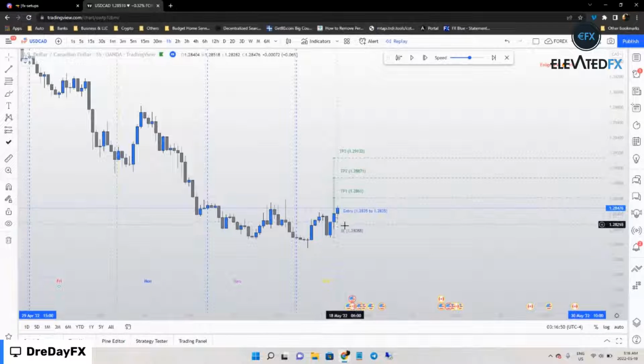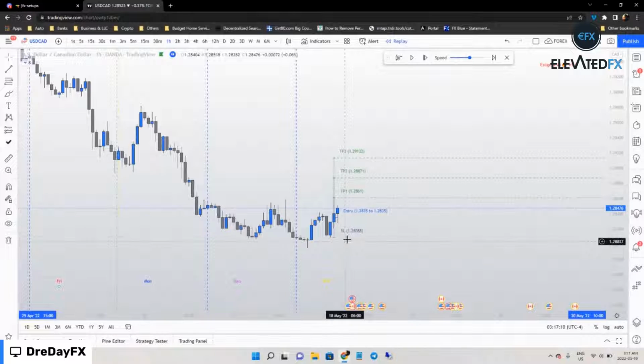But what I do on my end, because most of my trades are market execution, is set up my stop loss based on the previous candle wick.